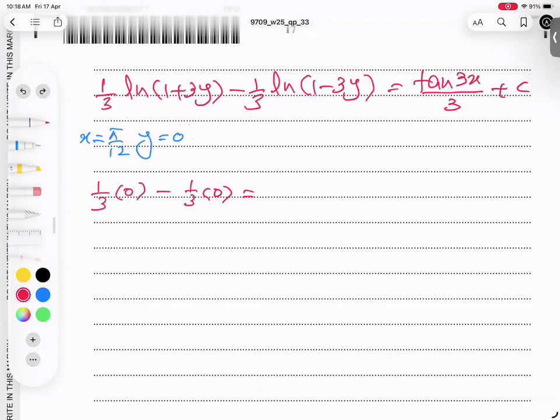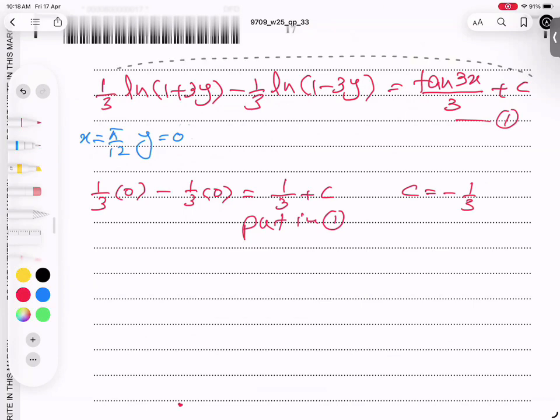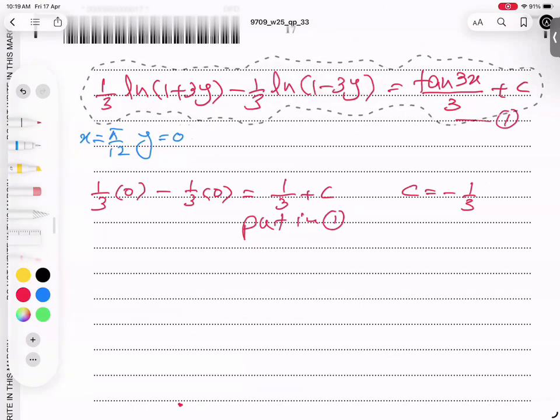And tan pi by 4 is basically 1. So the C value turns out to be negative 1 over 3, which I'm going to plug back into the equation. So the full equation is the same, only the C value I'm going to replace, and that is very simple, negative 1 over 3.